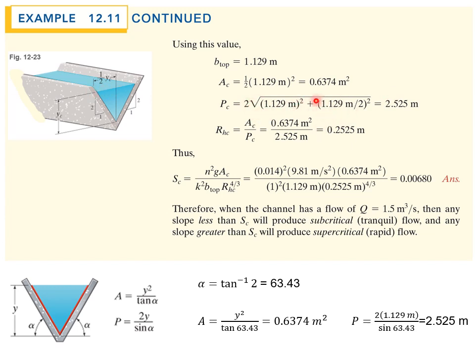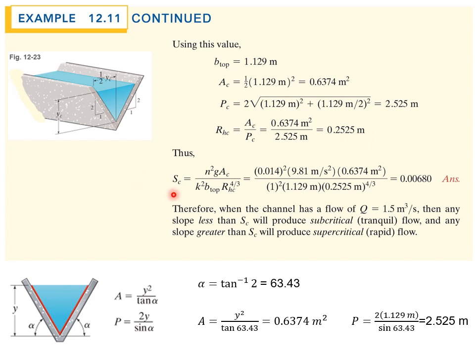We're really using Pythagoras' theorem to find this side here. You have the same thing over here, so you double it to get the perimeter. You get the same value, 2.525 meters, whether you use the formulas or trig and geometry. The hydraulic radius is A_C over P_C, so those are just those values divided.